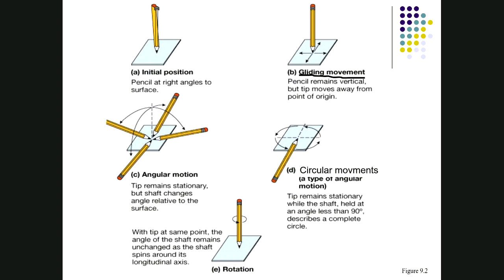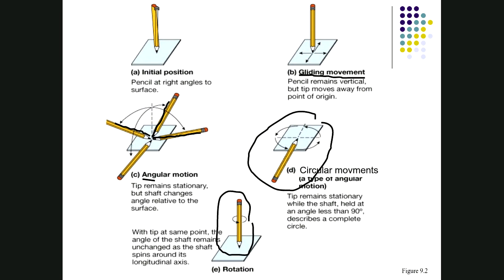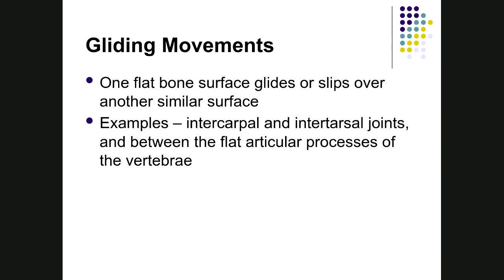Or you can put the pencil point on the piece of paper, don't move that, but then lean the pencil in different directions. That looks like an angular movement. Or you can put the point on the piece of paper and then just spin it like this. Or you can rotate it like this. Those are circular movements. And so we can move things in different directions.